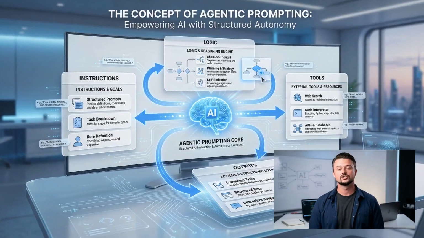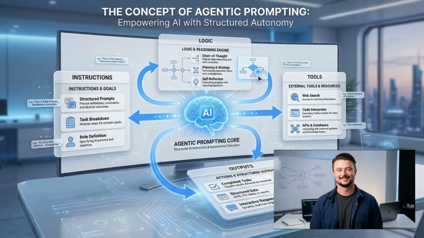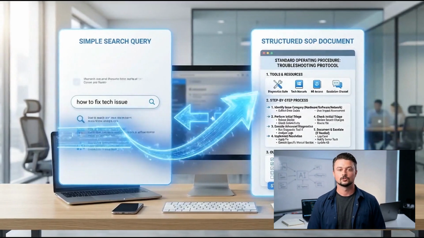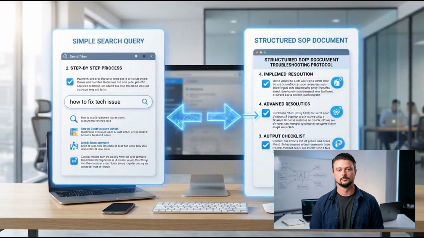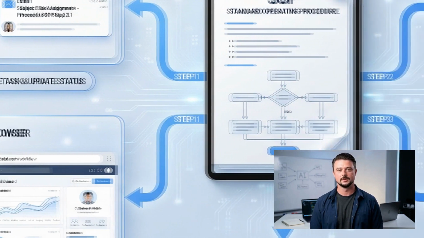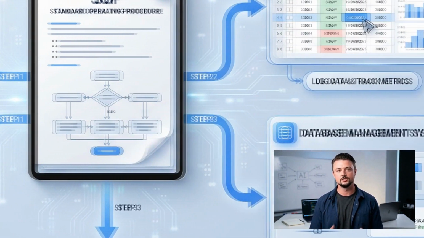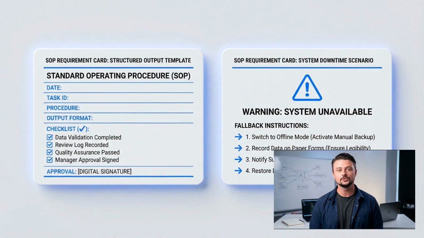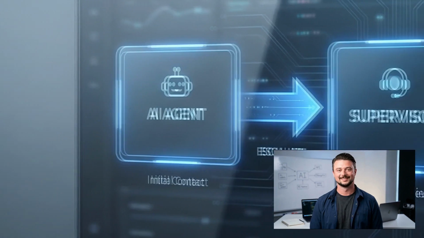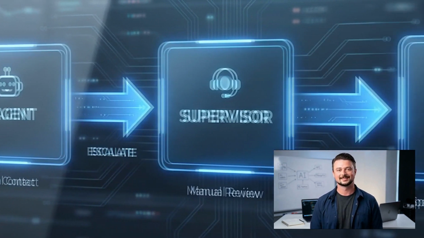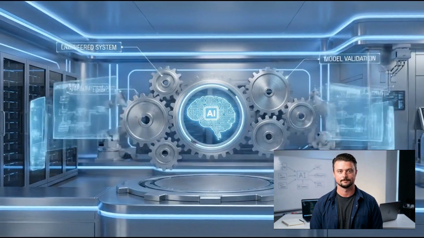Let's start with what agentic prompting actually is. Think of it less like writing a search query and more like writing a standard operating procedure for a new employee. A good SOP doesn't just tell someone what to do, it tells them which tools to use, what the final output should look like, what to do when the system is down, and who to escalate to when something's unclear.